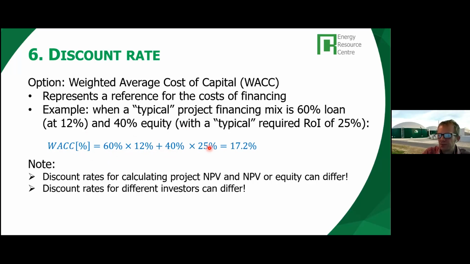So there's some bandwidth as long as the chosen values can be justified. Then the calculated average cost of capital can be justified.